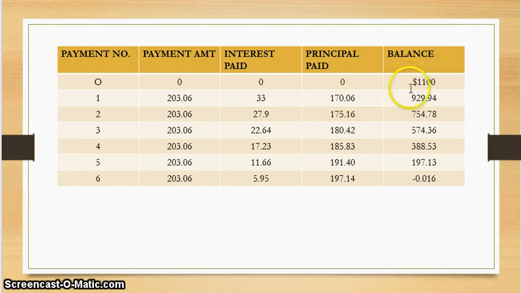Then the balance at time equals 1: you subtract your principal paid from the previous balance. 1,100 less $170.06 is equal to $929.94.